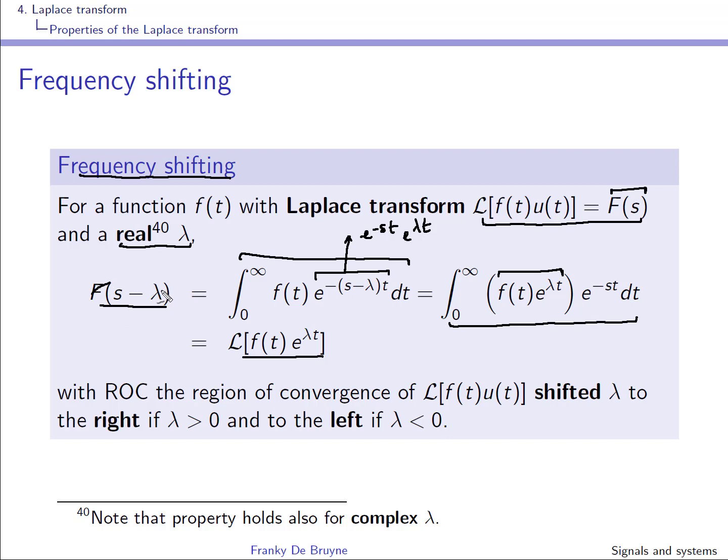Okay, well, the region of convergence, obviously if you shift in here, will also be shifted if you compare it to the original region of convergence of F of s, and the region of convergence of this one will be shifted to the right if lambda is positive, and it will be shifted to the left if lambda is negative.